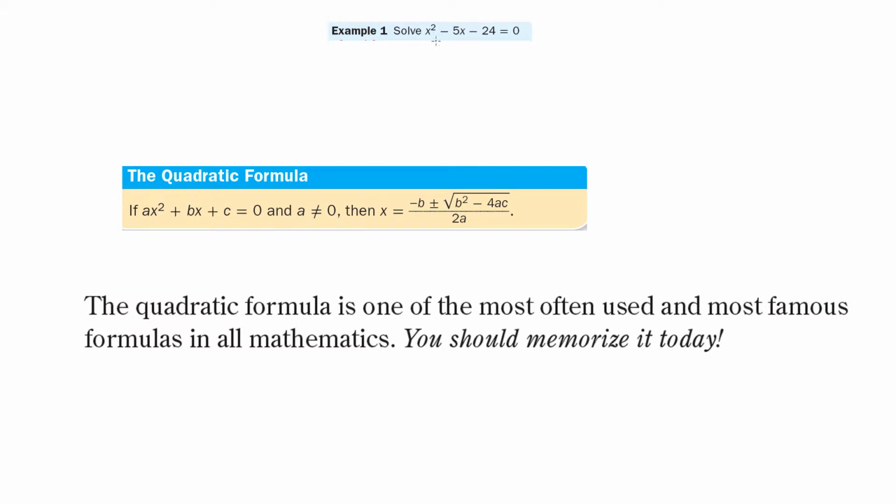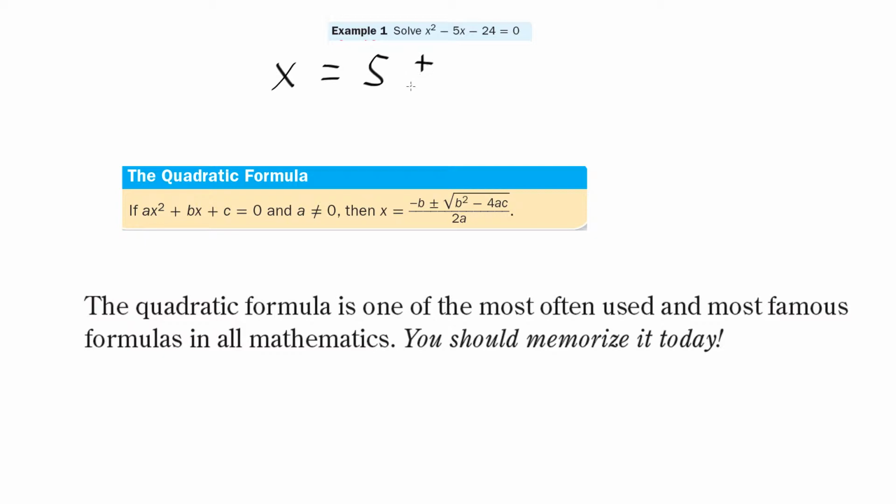Okay, so if x squared minus 5x minus 24 equals 0, then that means that x is equal to the opposite of b. Well, the value for b is a negative 5. Remember, that's plus or minus. So that would just be 5. The opposite of negative 5 is 5.